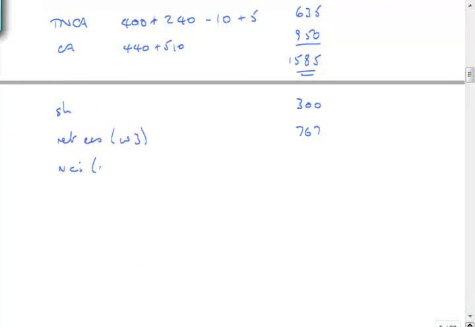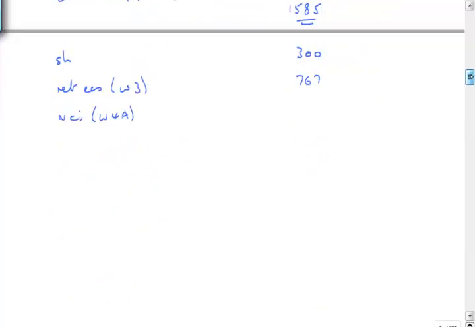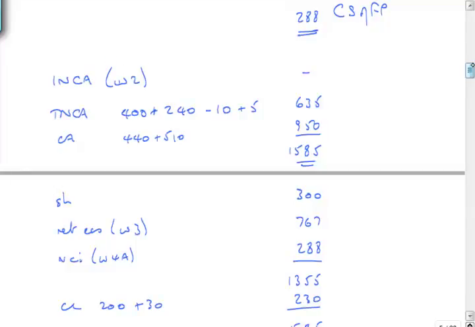NCI is in working 4A, and that was 288. And then current liabilities 230. That gives me 1585, and that's how that works.